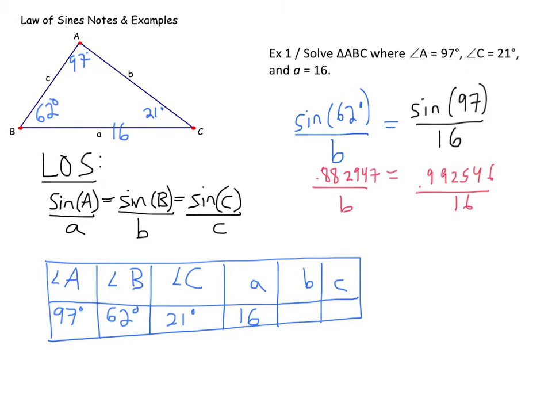It's just some weird recipe that people follow. So I might think about, well, what is this whole thing as a decimal? It's 0.602034, okay? And then I've got 0.882947 over b. Since I'm trying to solve for b, the inverse of division by b is multiplication by b. So I'll multiply both sides by b. b over b is 1.